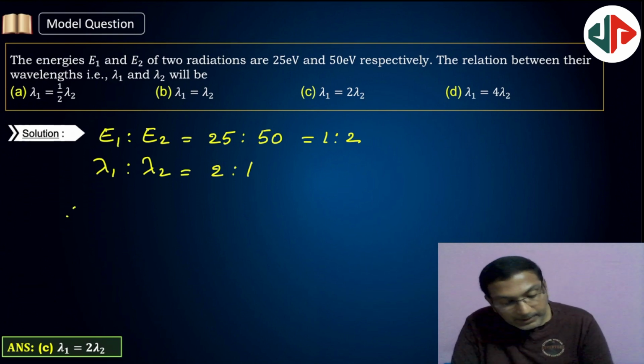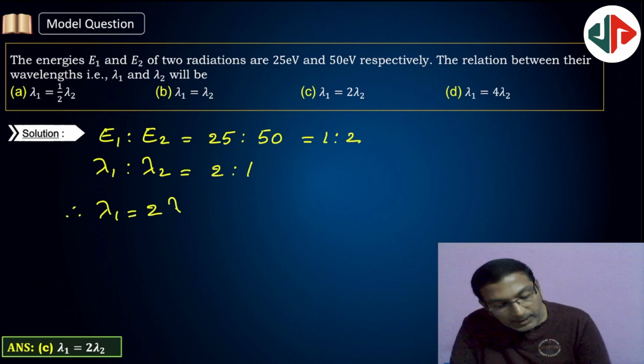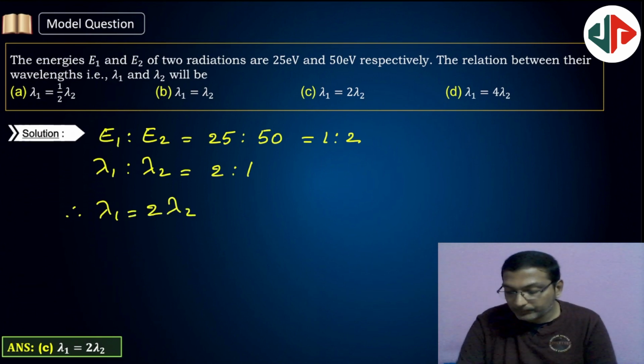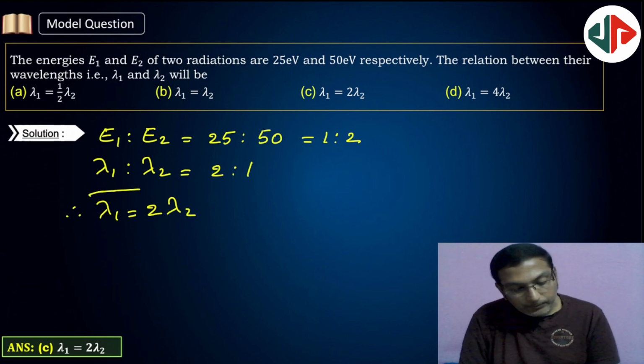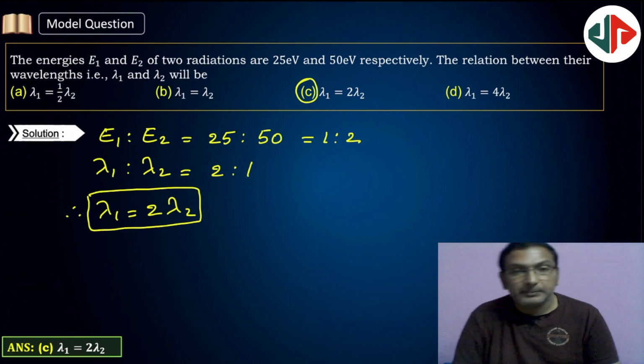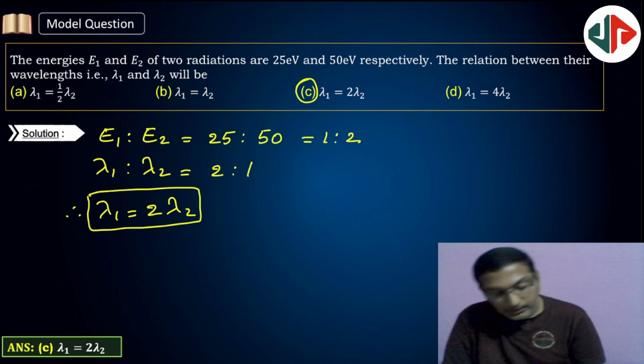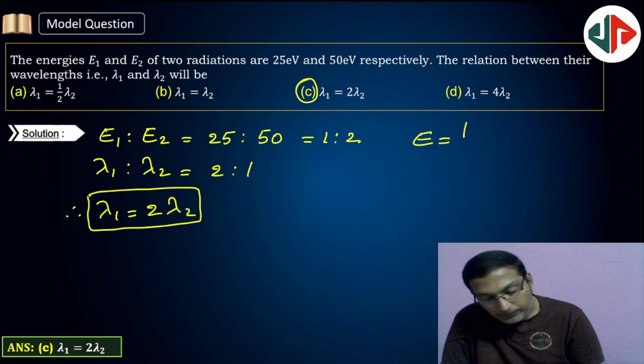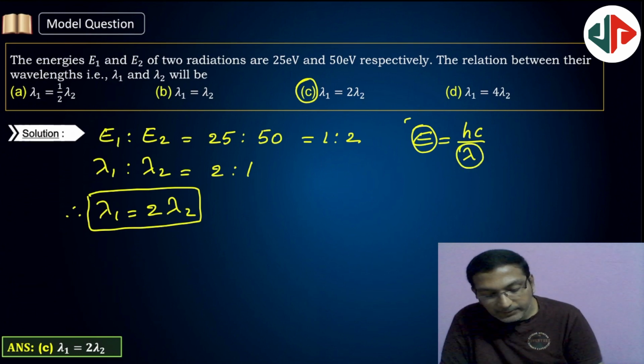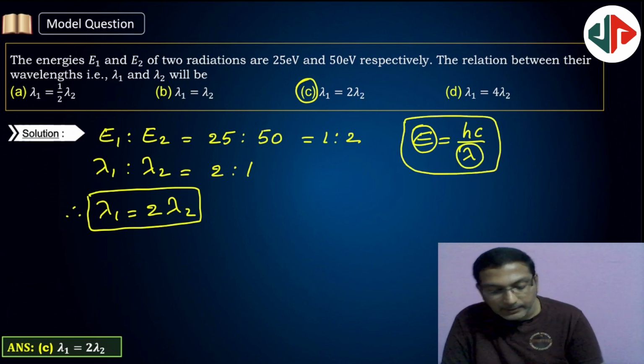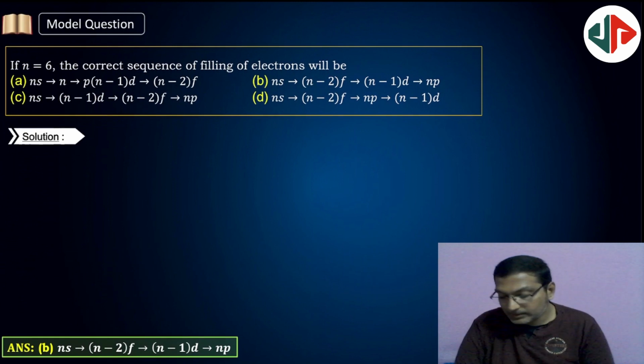Therefore, from this we can write lambda 1 is 2 times lambda 2. So relation C. Simple question. E equals hc by lambda. Energy and wavelength are inversely proportional to each other.